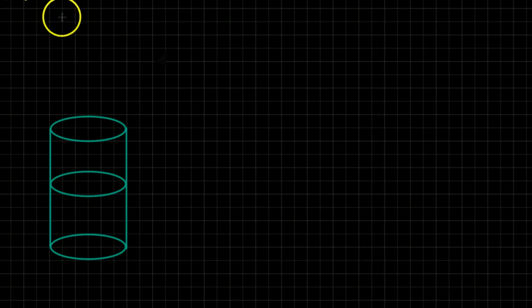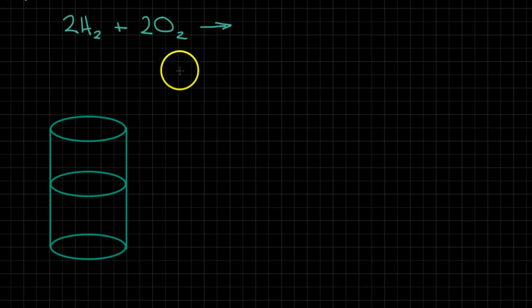I'm going to start with a balanced equation: 2H2 plus 2O2. Is that right? No, it's not right. I said a balanced equation. 2H2 plus O2 yields 2H2O.